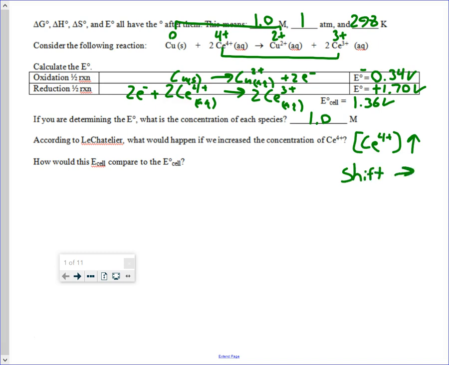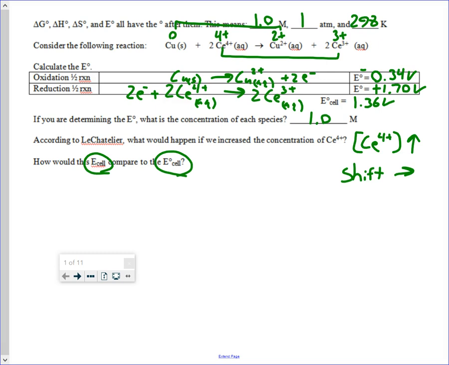Okay? And what's going to happen to our new value of the cell potential? If you notice the difference between this and this, the only thing different is that little degree symbol. The degree symbol implies standard, which means 1 molar. The one without it implies some other point in time. So in this case, we've increased the cerium 4+ ion. We've shifted to the right, making this more favorable, right?